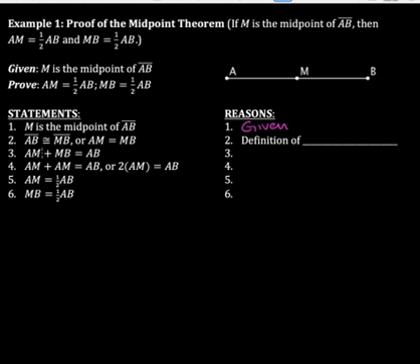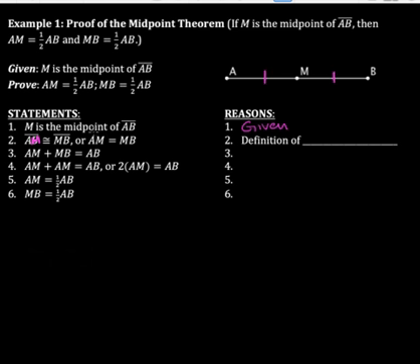The second statement says that segment AM is congruent to MB, which is the same thing as saying that the distance from A to M is the same as from M to B. I have a little typo here, I'm sorry guys, this should say AM is congruent to MB. Now, based on statement 1, that M is the midpoint, how do I know that segment AM is congruent to segment MB?